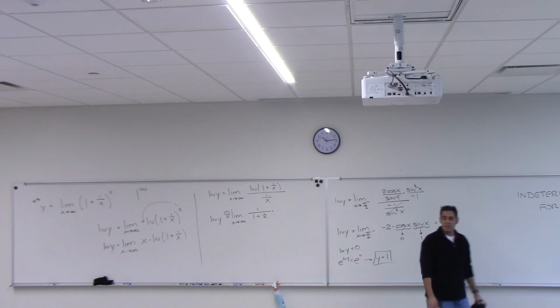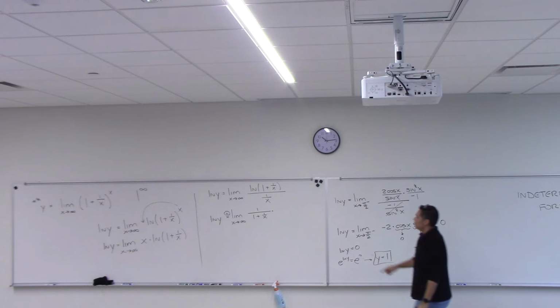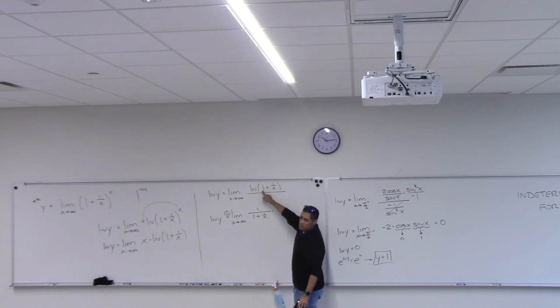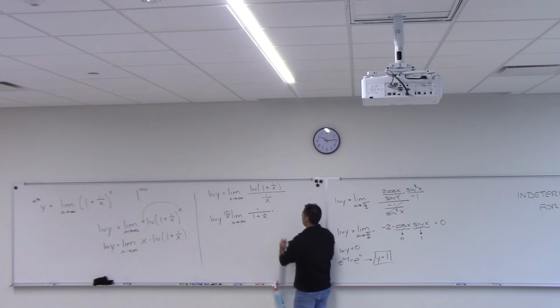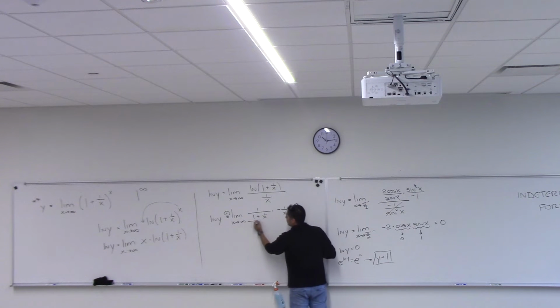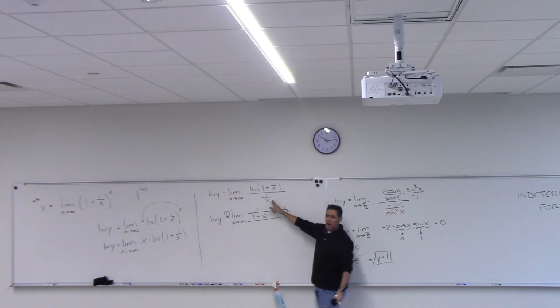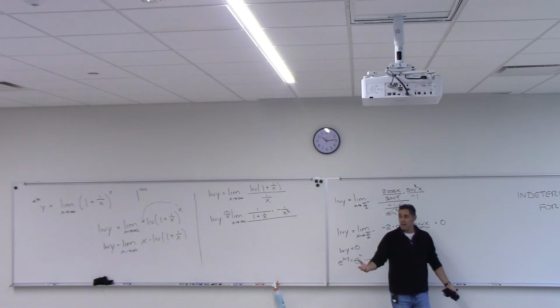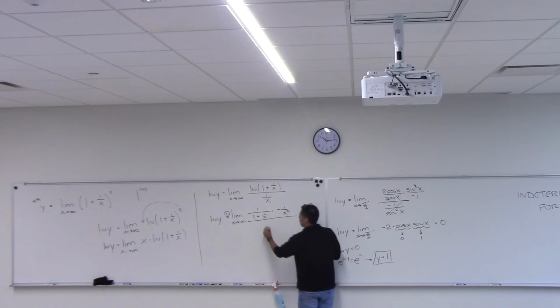So what's the derivative of what was inside? The derivative of 1 is 0, right? Plus the derivative of 1 over x, this is now the 4th time we've done this: negative 1 over x squared. That's the derivative of the inside. All of this over the derivative of the bottom. It's now the 5th time we've done this, right? Negative 1 over x squared. Y'all see it? They cancel, right?